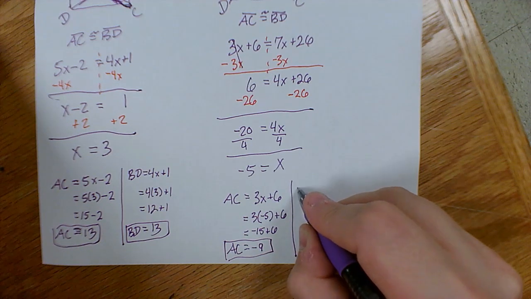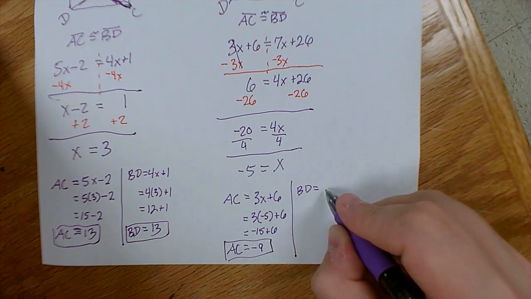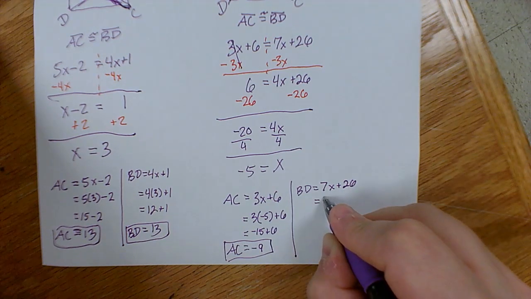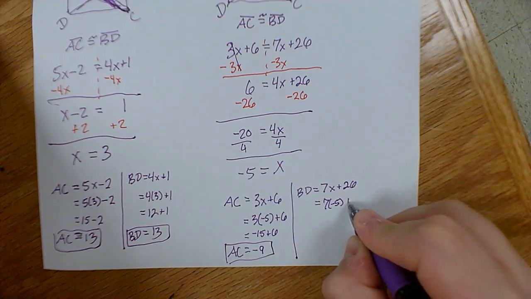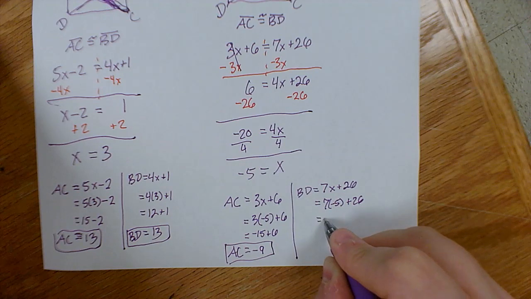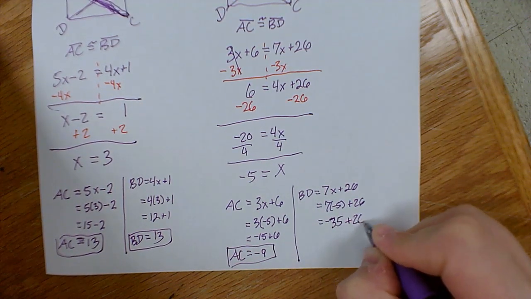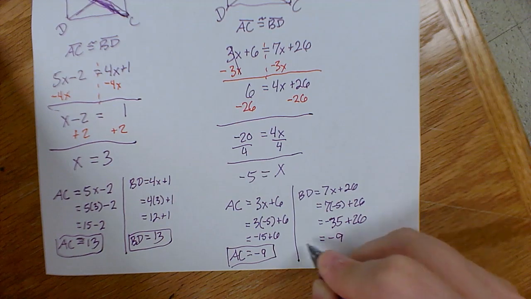Now checking this again, we have BD is equal to 7x plus 26. So if I did 7 times negative 5 plus 26, that would be negative 35 plus 26. We would get negative 9.